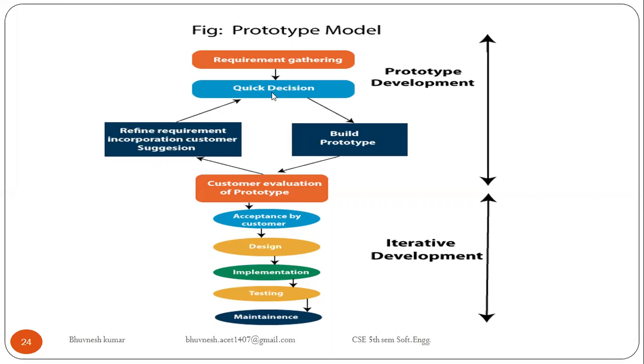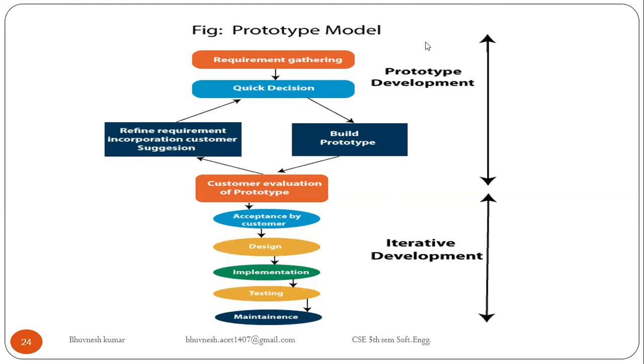The decision should be made by the developer. Then build a prototype, then evaluate again with the customer. If it is accepted by the customer, go for the design phase, then the coding phase, then the testing phase. Up to your requirement and the customer evaluation, this is your prototype development.